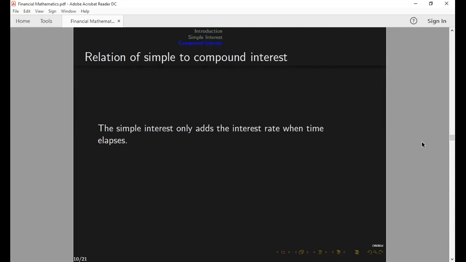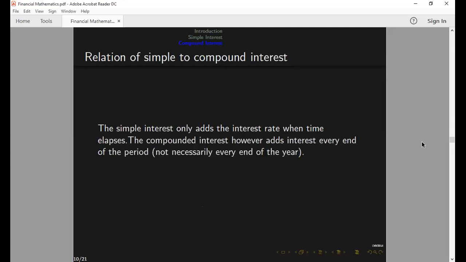And then we've got the compound. Now, the simple interest rate only adds interest once, whereas the compound interest rate adds interest on top of another interest on top of another interest until time elapses. Whereas the simple only adds when time has elapsed. Compound interest is basically, as the words say, simple interest on top of another simple interest.